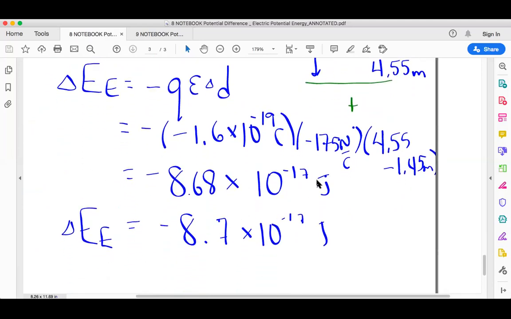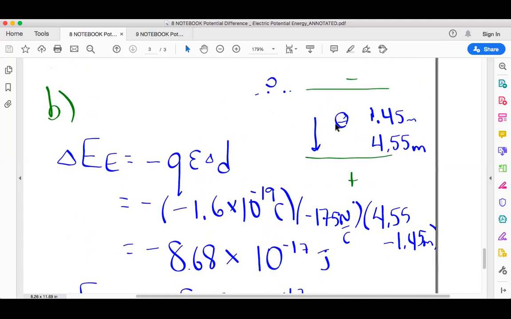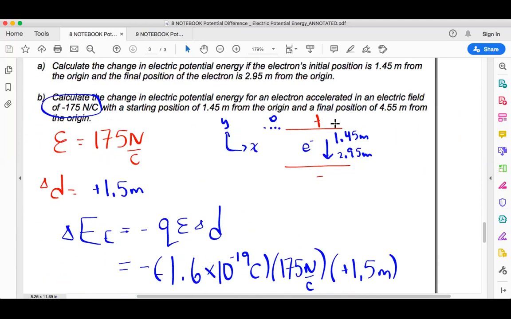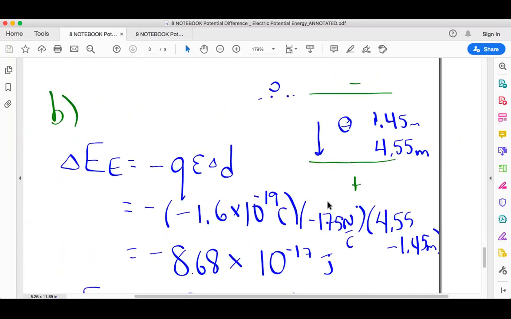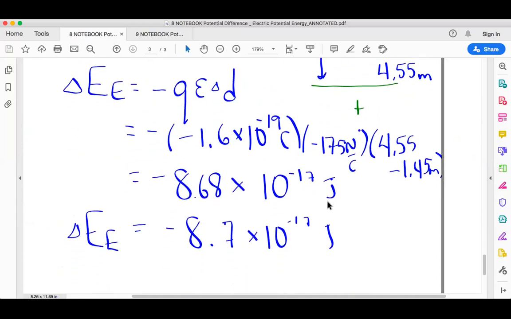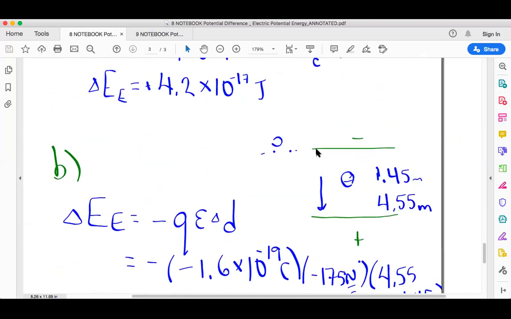So now for part B, we have a starting position of 1.45 to a final position of 4.55. So this would be a positive answer as well. But anyways, this is a positive displacement that's different than the, oh sorry, I need to read my own question.